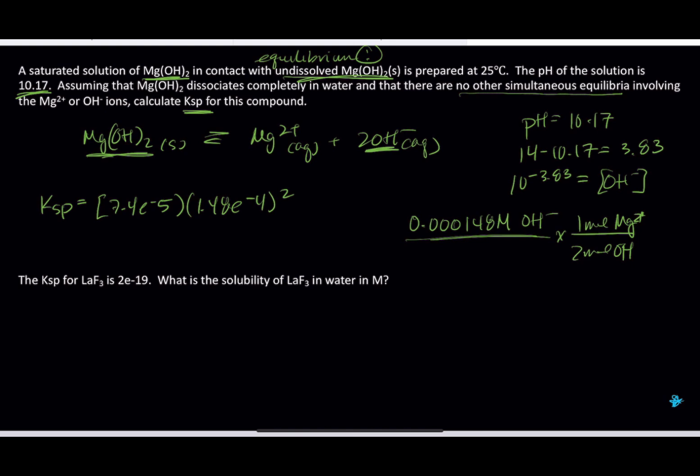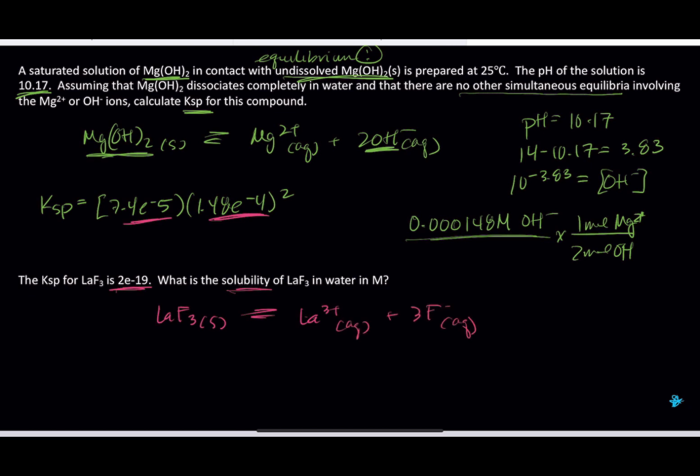All right, next up, in a similar but not exactly the same problem, it says the Ksp for lanthanum fluoride is this. What is the solubility? So again, solubility is what goes into these parts, what goes into our Ksp expression, and I know the Ksp. So then I just need to come up with an equation. LaF3 dissociates into lanthanum and 3 fluoride ions.